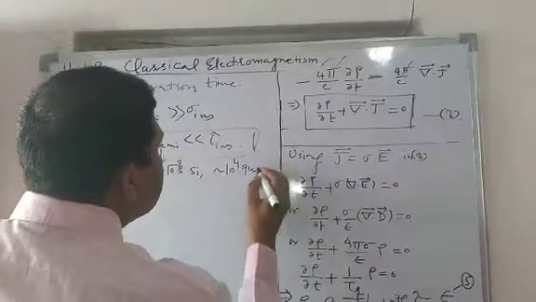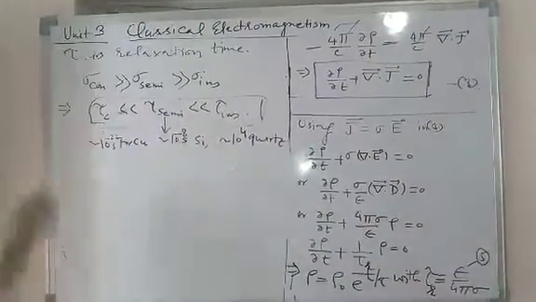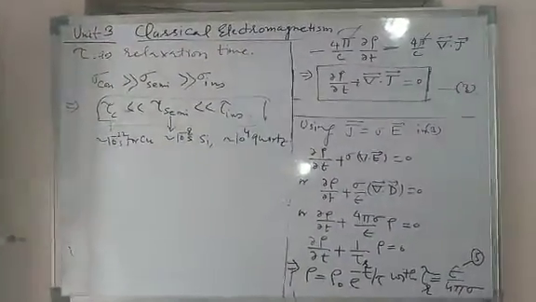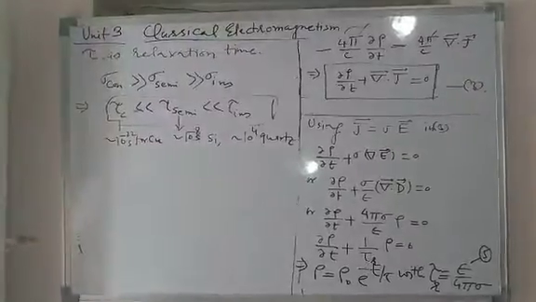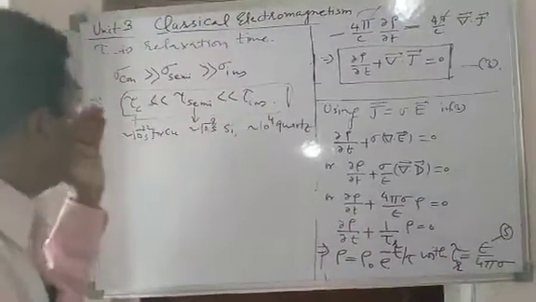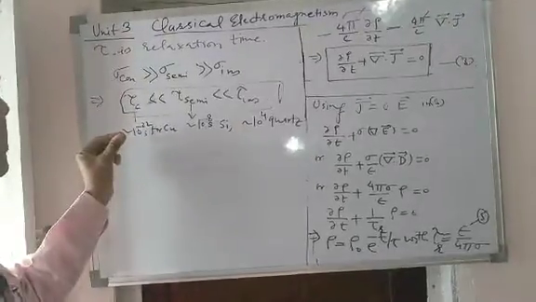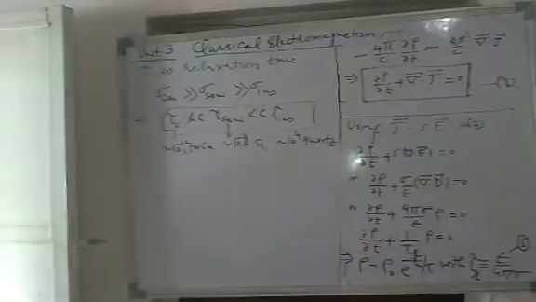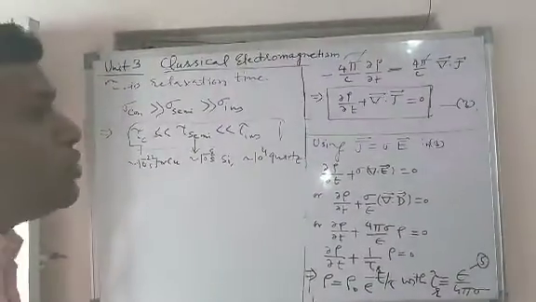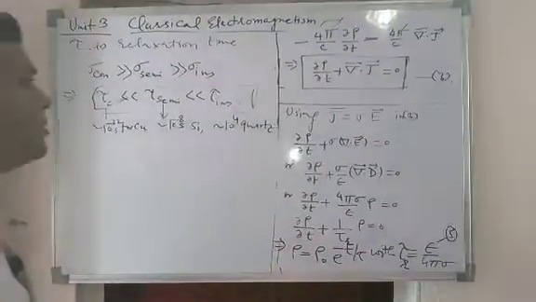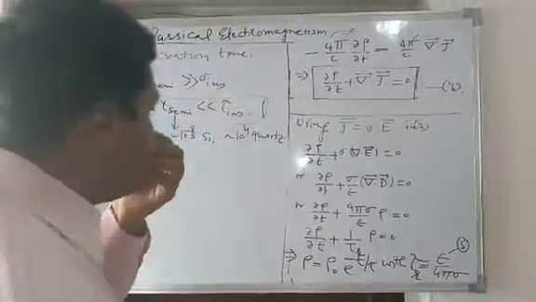Clearly, conductors can release the charges in a much shorter time compared to semiconductors or insulators, and therefore they are good sources of flowing electricity.